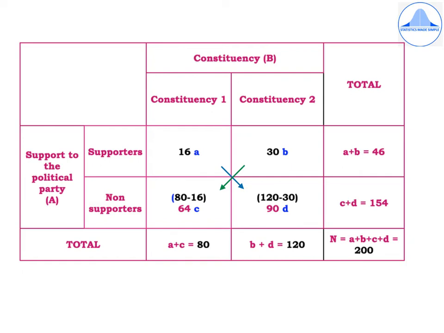That is B plus D is 120. Now 120 minus 30 equal to 90. That is the cell frequency D. So now that we have all the values, please draw the cross arrows in the 2 by 2 contingency table.